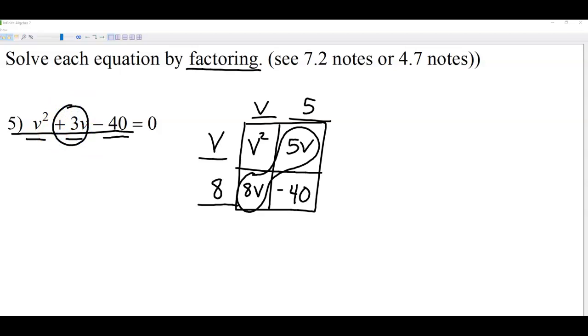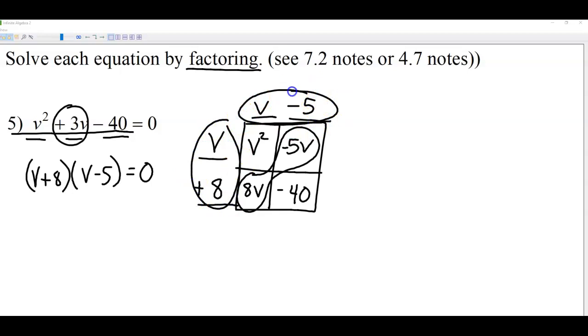Now, can these 2 numbers add or subtract to make 3? Yes, they can. If I have a negative 5, then 8 minus 5 gives me 3. So that means this 5 has to be negative, and this 8 has to be positive. So we have v plus 8 and v minus 5 is the factored form of that trinomial. We got those from the outside of the box there.